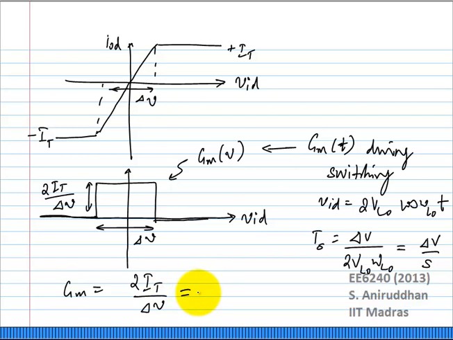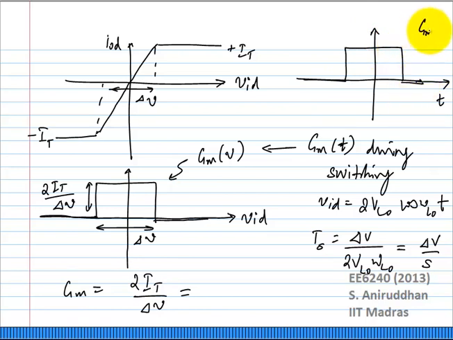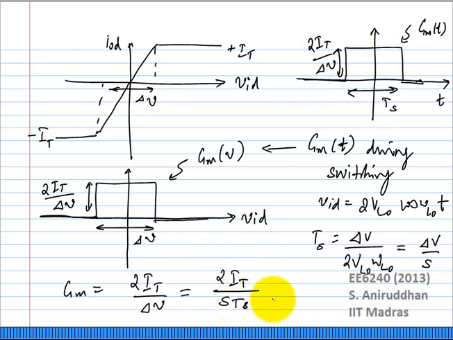So what we did was we said we are going to replace this with GM of t. The switching time is TS. What is the height of this pulse? 2IT by delta V. So your GM is nothing but 2IT by delta V. What is this? 2IT by STS. Okay, from this relation.